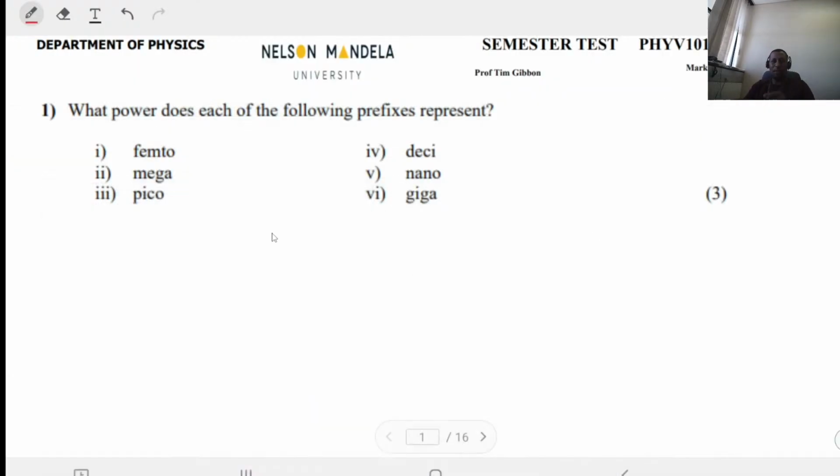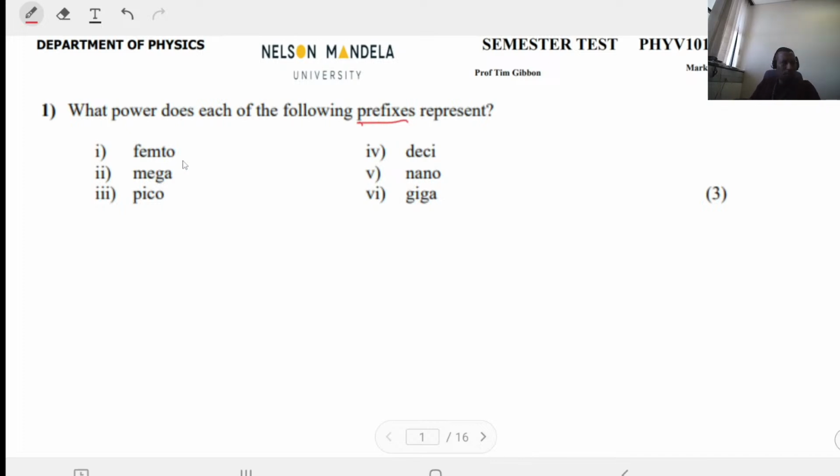With that note, the first one is very simple. What type of power does each of the following prefixes represent? Remember, a prefix is something that is in front. Femto, what is it? I hope you remember this from units and measurement, unit 1.